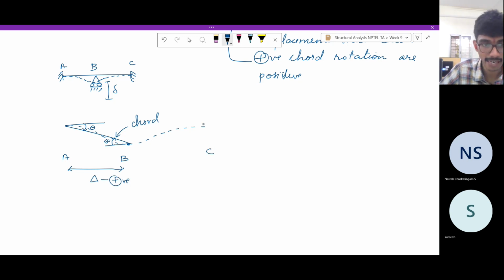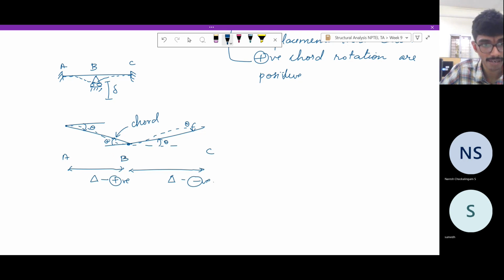On the other hand, when we write the slope deflection equations for the span BC, this chord has rotated in a counterclockwise direction. I hope you can see that. So in this chord, the same delta is negative.